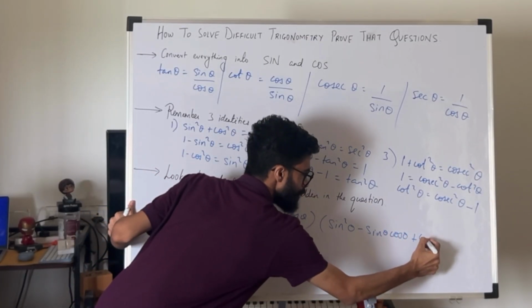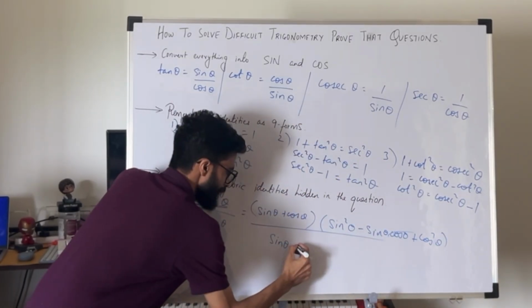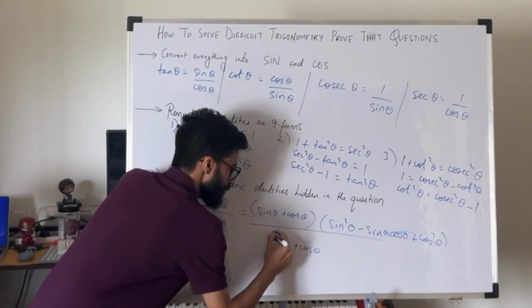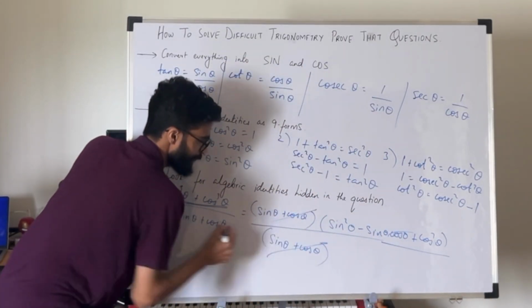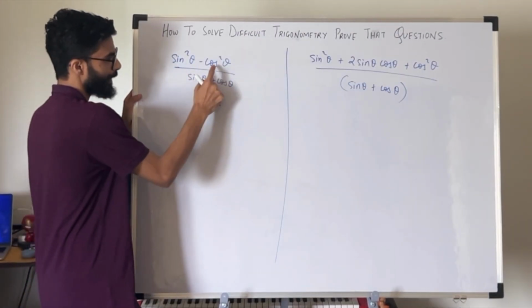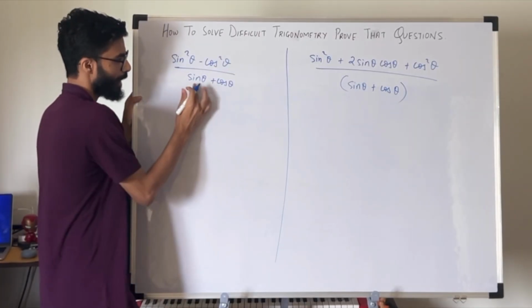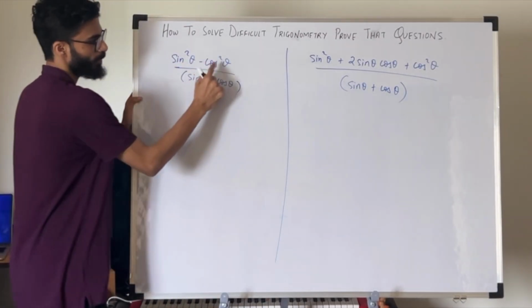plus cos square theta upon sin theta plus cos theta. Now this and this gets cancelled. I have sin square theta minus cos square theta in the numerator upon sin theta plus cos theta. This is a square minus b square.